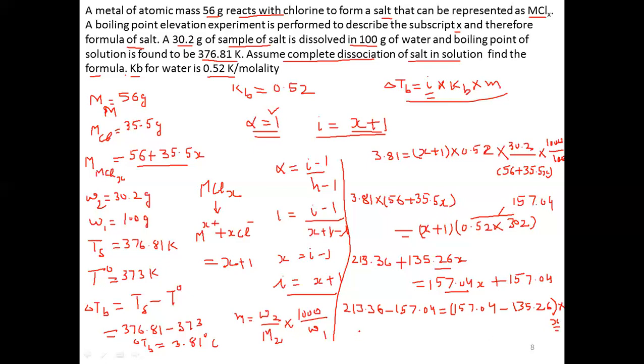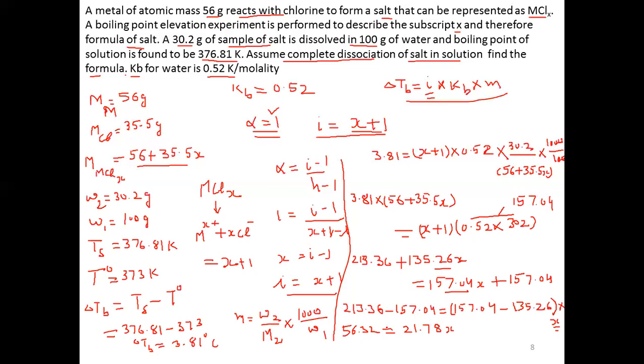So this is the formula. Let us see: 213.36 minus 157.04 is 56.32. This is equal to 157.04 minus 135.26, which is 21.78x.